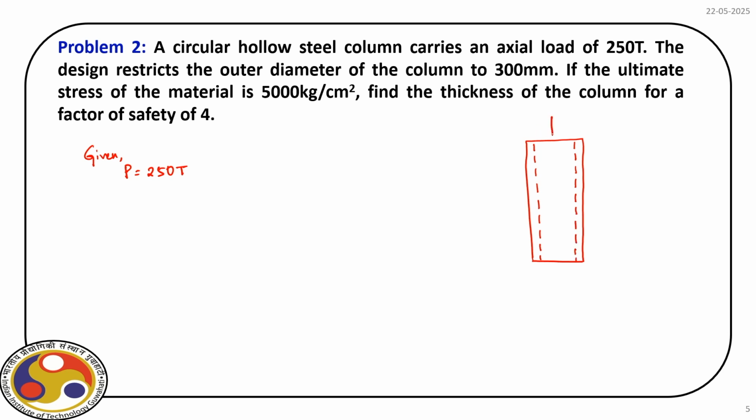And because it is a column, it actually carries a compressive force of 250 ton. The outer diameter is 300 millimeter. So, capital D is equal to 300 millimeter.